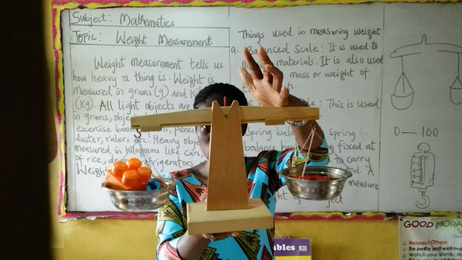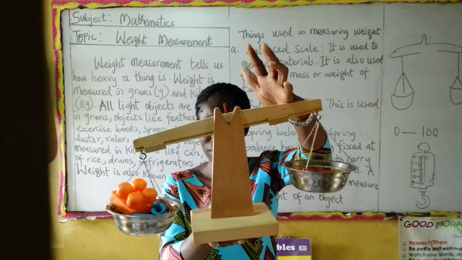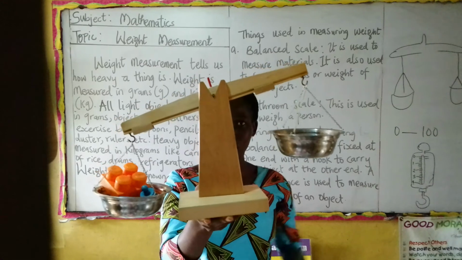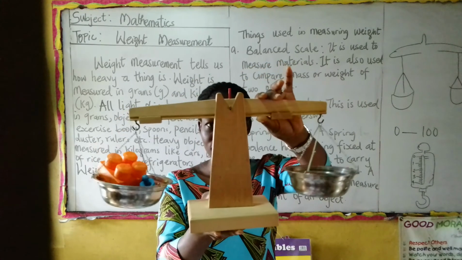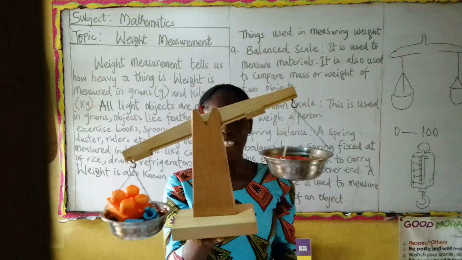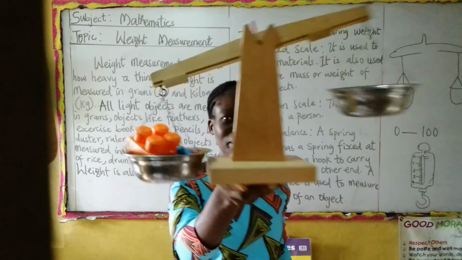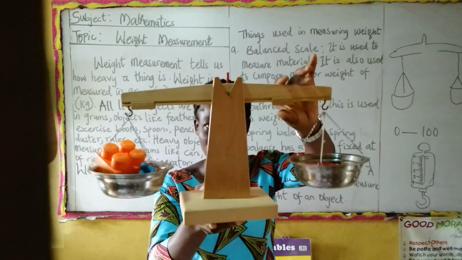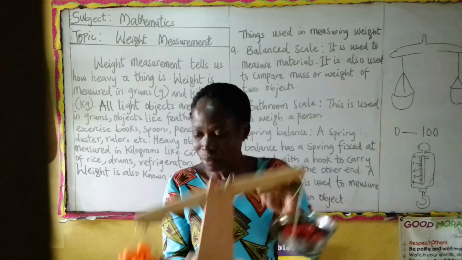But when one is carrying a very heavy object, you discover it becomes like this. It's no longer as it is. Do you understand? So this is what is called a balanced scale. A very good example and easier for you to understand. Do you get? Good.